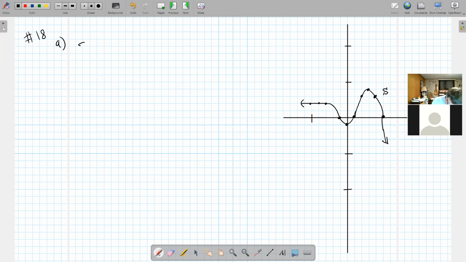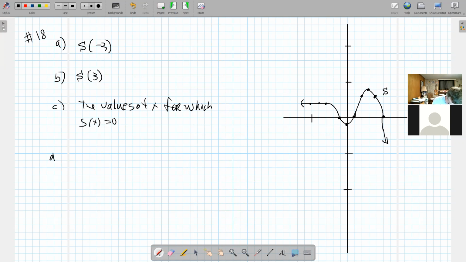We are to find s of -3, s of +3, the values of x for which s of x equals 0, and d, the values of x for which s of x equals 3.